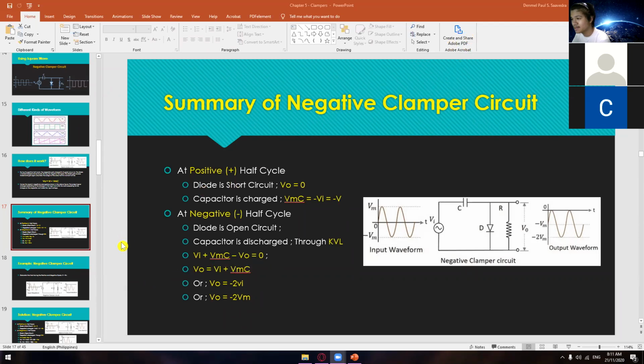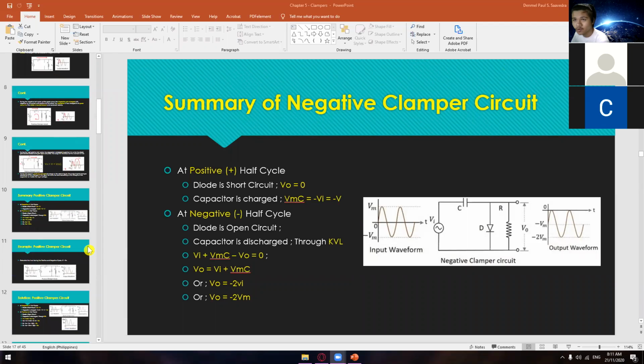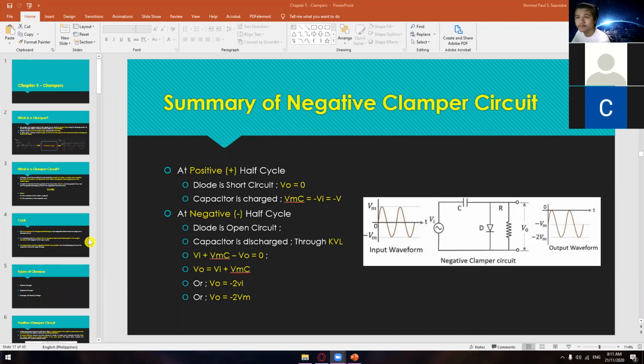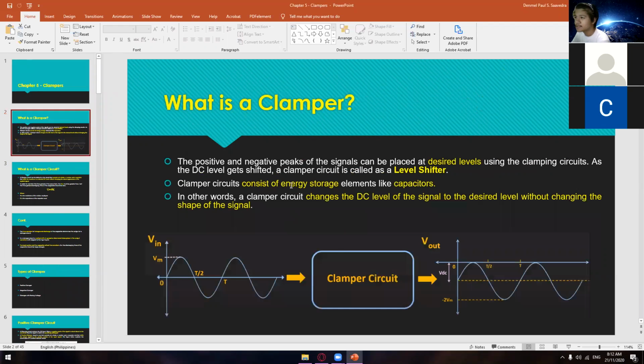Please, just a recap, maybe 5 minutes, from the positive to negative. So let's go back. Again, a clamper is a circuit that consists of the same parts as a clipper. It has a diode, a resistor, and a voltage input, of course.